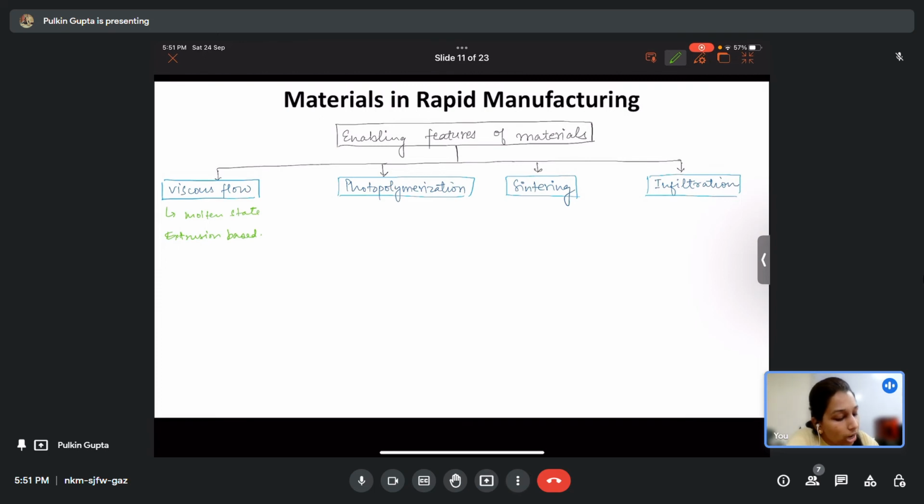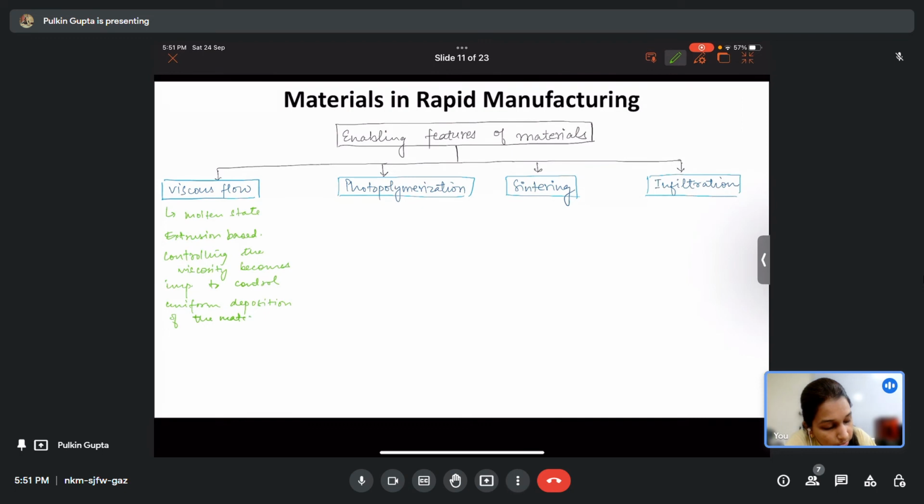So controlling the viscosity becomes important to control uniform deposition of the material.